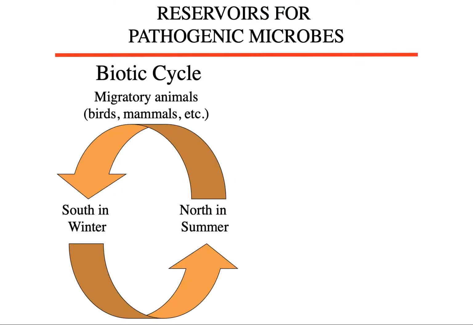So in this case, there's a biotic cycle in migratory birds, especially shorebirds and aquatic waterfowl. They pick up the virus in the spring and summer up in their grounds where they reproduce. And then in the fall and the winter, they fly south, taking those viruses with them, and then return again the next summer and drop those off again.